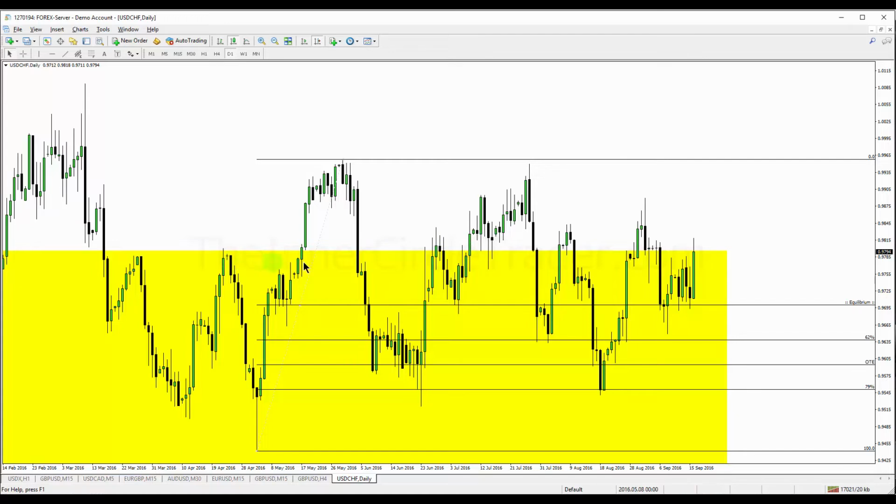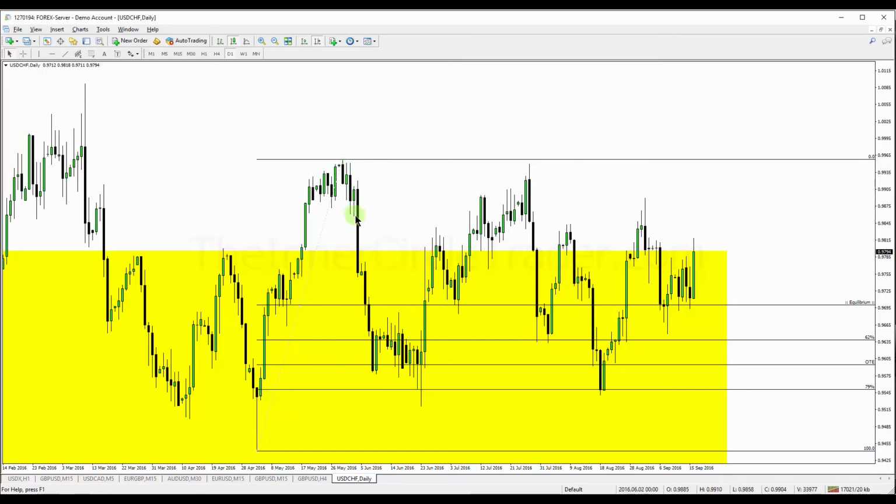This is equilibrium, the top of that yellow shaded area, and below it is discount. So the market should be responsive at levels of discount after we see this high form. We look for the swing high to form, and the fourth candle's got to show willingness to be lower.